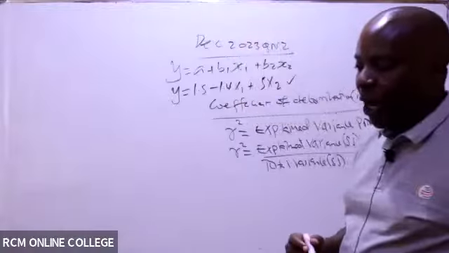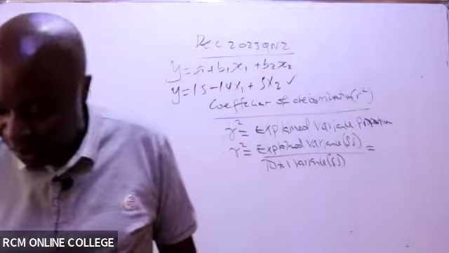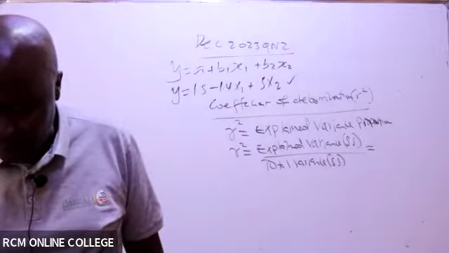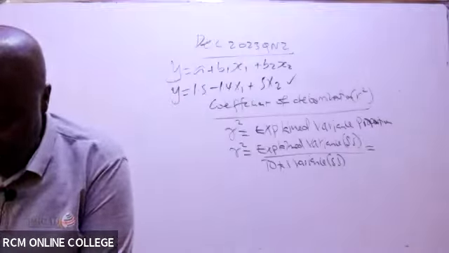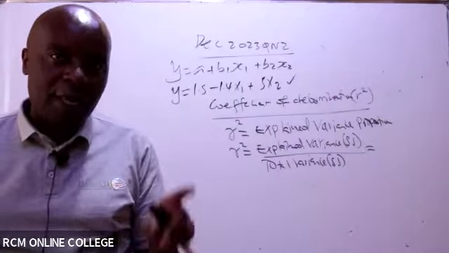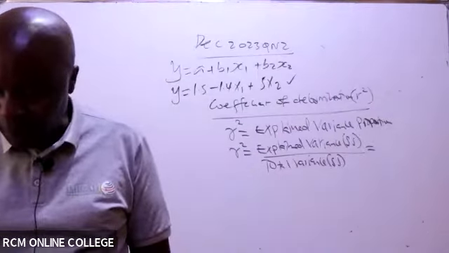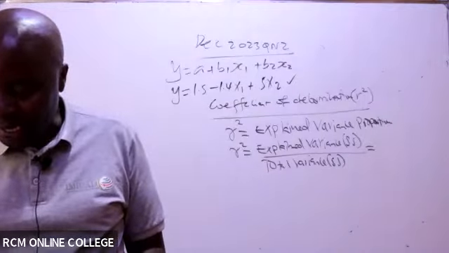So you go to your ANOVA table, you'll be able to see the variances. In this ANOVA table of ours, ladies and gentlemen, it's called analysis of variances table. You see, ANOVA is analysis of variances. Are you able to see the sum of squares column? I can see the model.